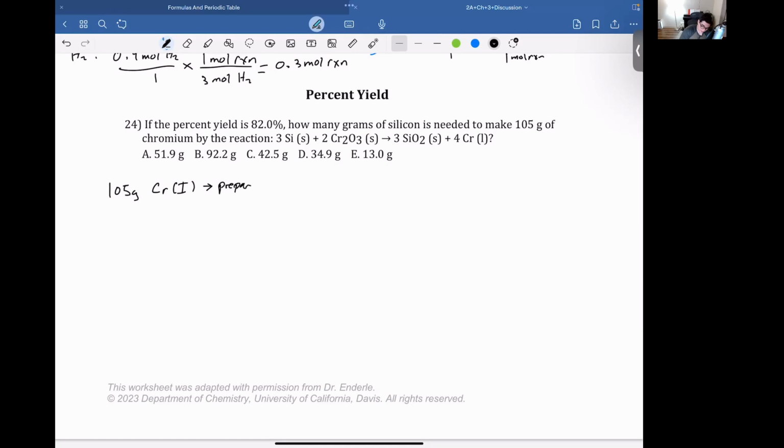So if you want to make 105 grams of chromium, you must prepare to make 105 divided by 0.82. You can get that from the percent yield formula, so actual divided by theoretical.